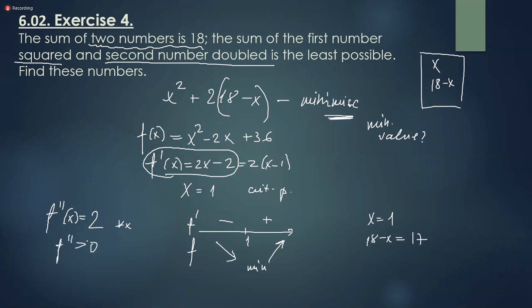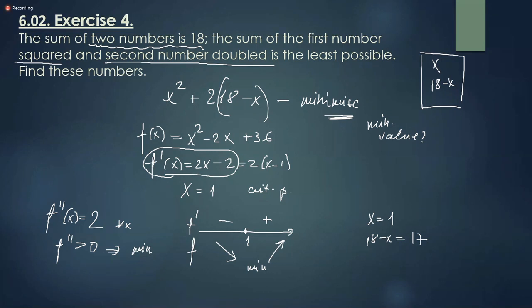Now we have to know what's going on with the second derivative. Basically, if the second derivative is positive, we have a minimum. If the second derivative is negative, at that point we have a maximum. Again, a little bit later, you will see why. Because the second derivative is positive at this point, we have a minimum point.